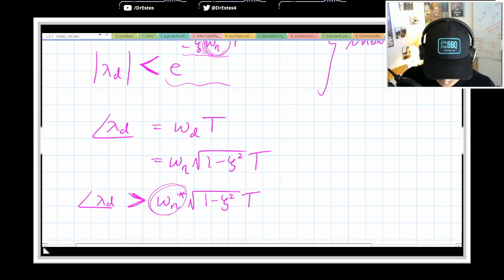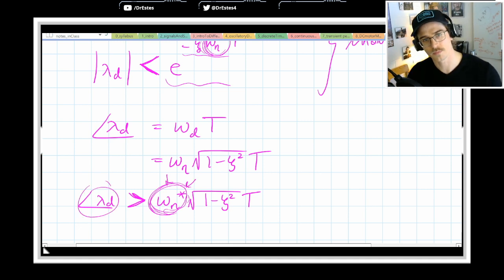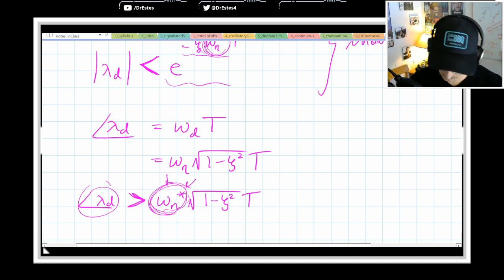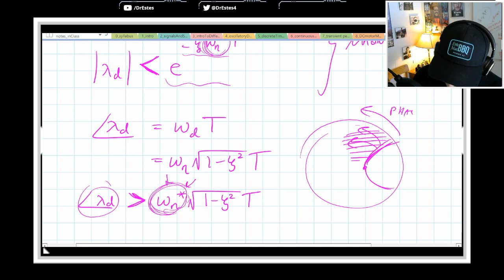Because omega n needs to be greater than omega n star, this is the smallest it can be, omega n star. And if we make this number bigger, well, that'll make the phase bigger. So that's why we're going to create this Pac-Man shape. You'll see it in a second. But the phase, we need to fill in on this side of the Pac-Man because phase is increasing this way.